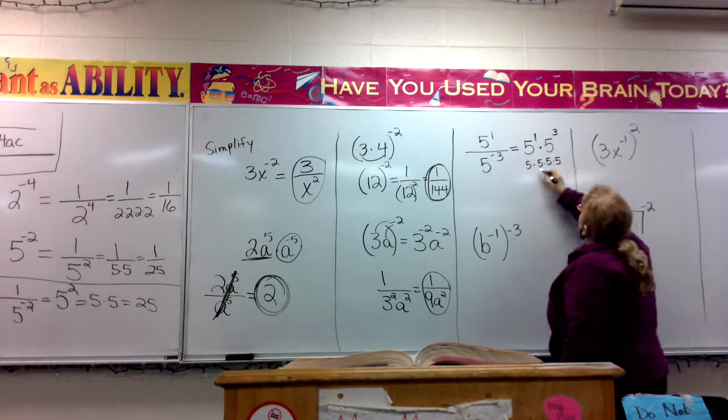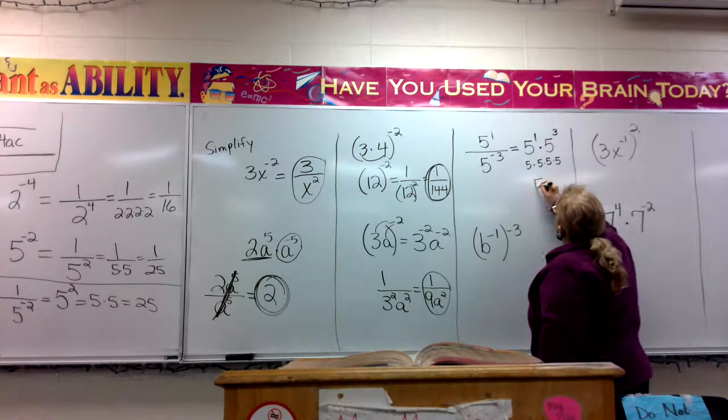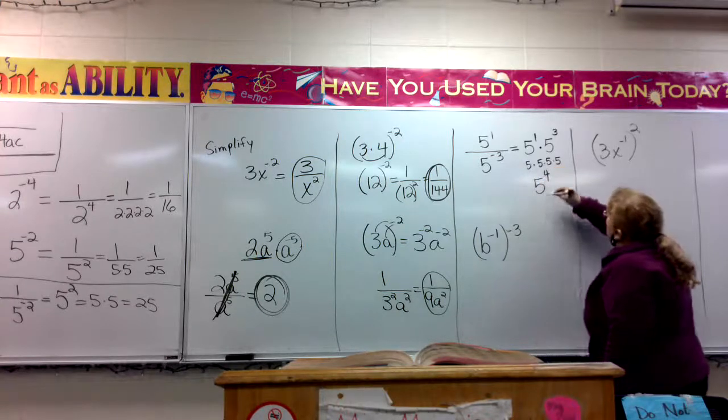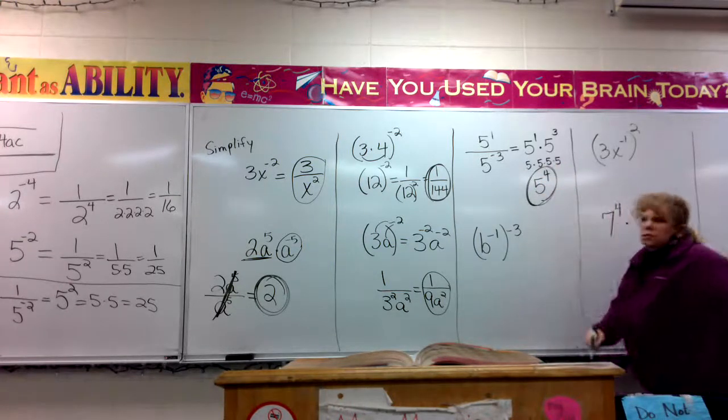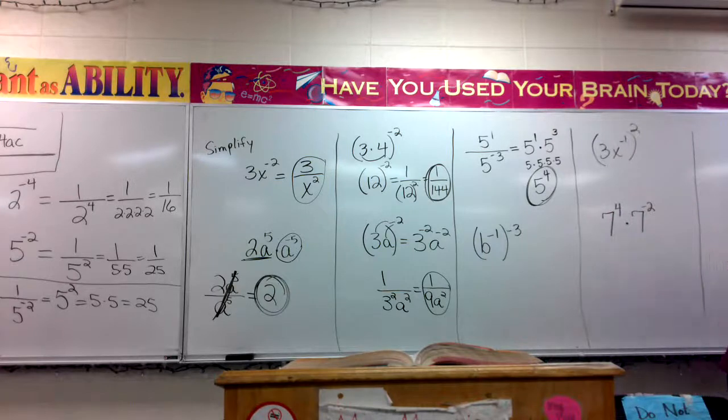I'm multiplying those all together. What do I get then? 5 to the fourth. You can figure that out. It's 25 times 25. Is that 625, maybe? I think it is.